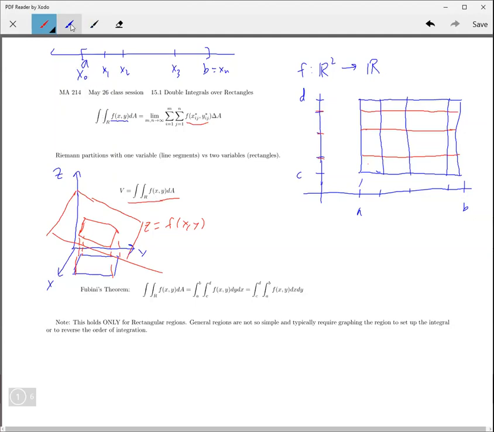And one of the things that's going to come in later is Fubini's theorem, which basically tells you how you actually calculate the integrals. With a rectangular region, you can swap the order of integration.